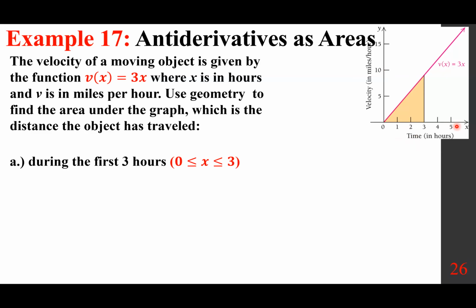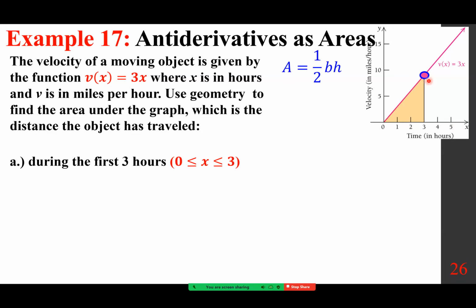And so what's happening here, we know that distance in this case is the area under the velocity function. We want it between 0 and 3. That's why we have 0 to 3 along the x-axis. Area of this is half of base times the height. So we need to know the base.